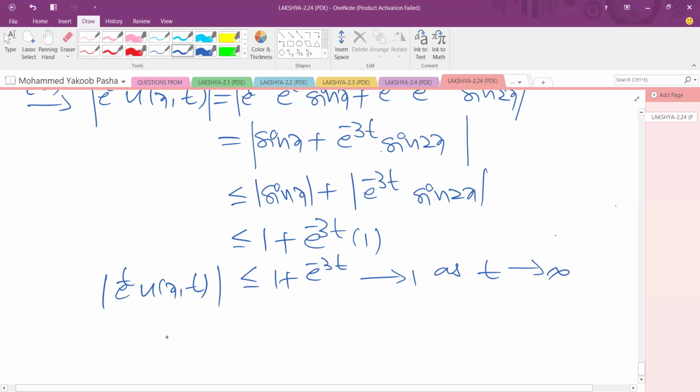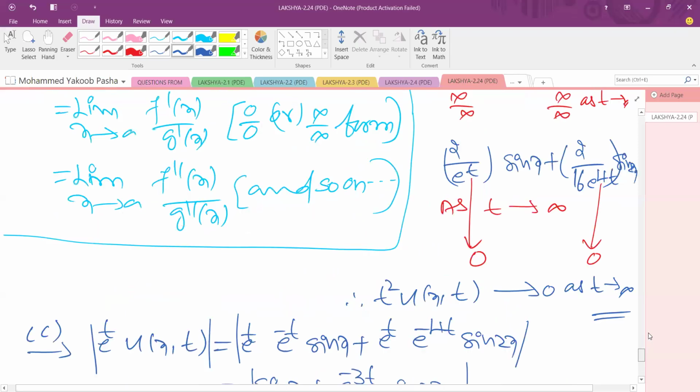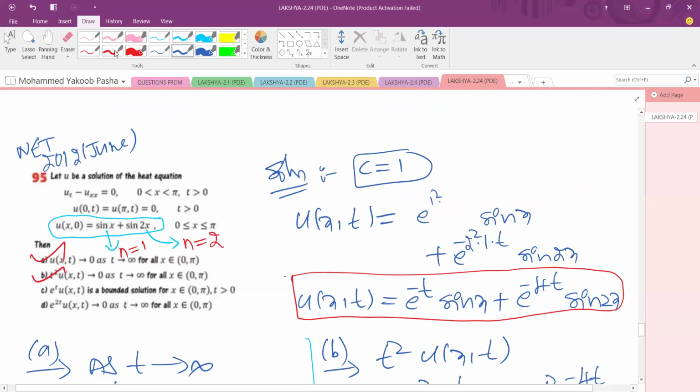That means e power t into u of x comma t is bounded, tending to a finite value 1. So option C is correct.